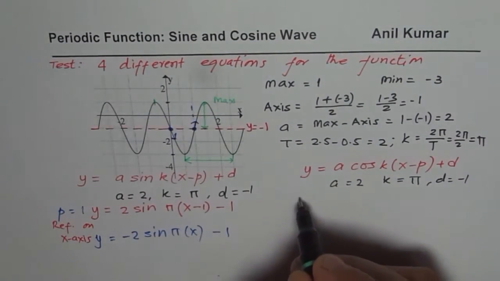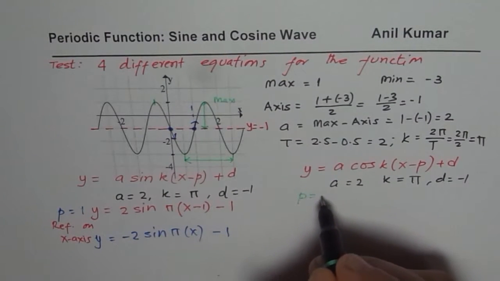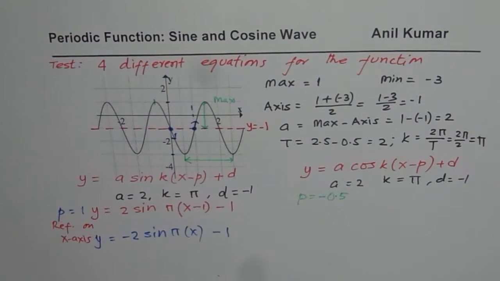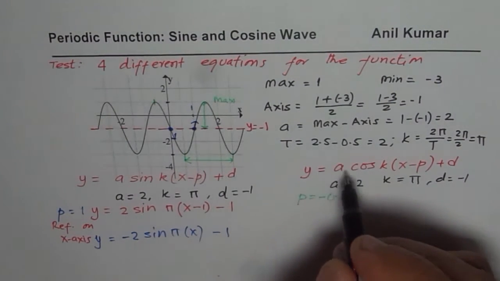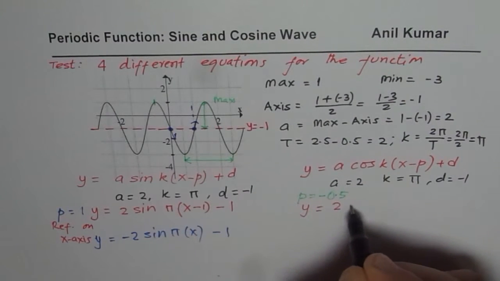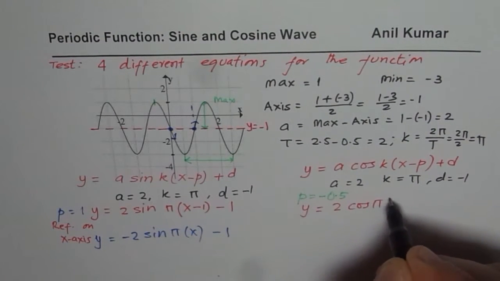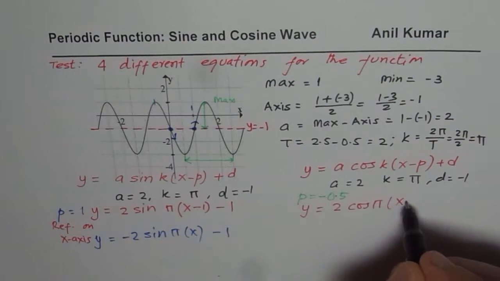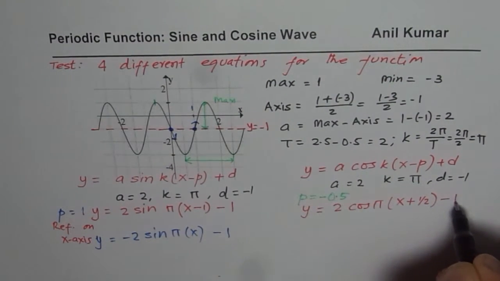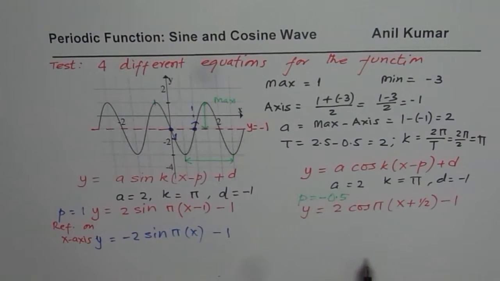So we can say phase shift p equals minus 0.5. Correct? So that gives us the first equation for the cosine function, and that is y equals a, which is 2 cos k, which is pi x. Minus and minus becomes plus, so you could write half or 0.5, and minus 1 for d, right? So that is the first equation.